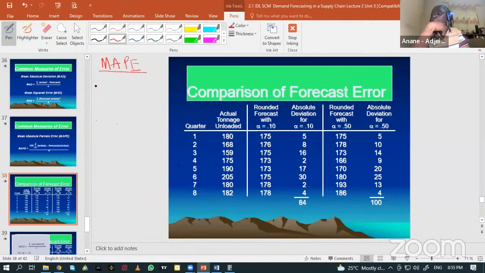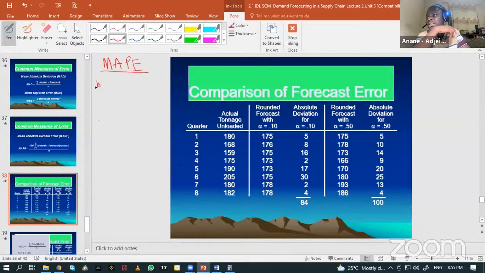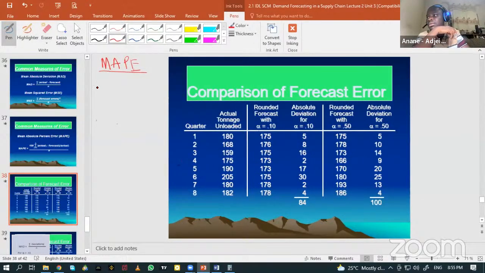So the formula for this one says it is 100% over n, the sum from i equals 1 to n. Forget about all this, I'll explain it.